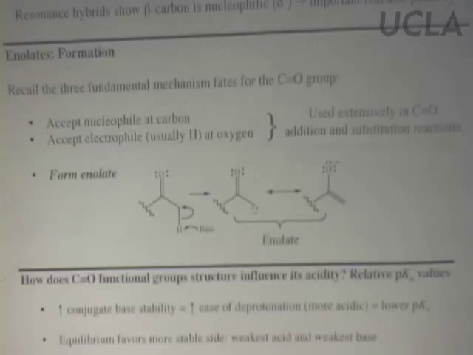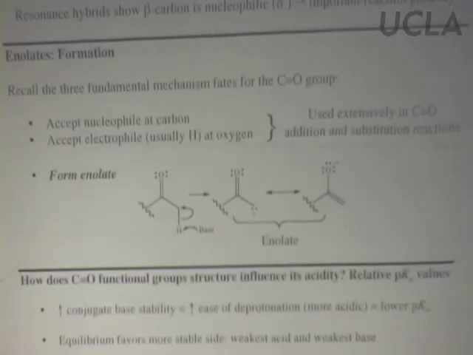We also need to address what kind of base we use to take that proton away, because as we're going to discover, there's an issue of basicity here. And we're also going to talk a little bit about the position of the equilibrium, i.e. how much enolate is formed. That also turns out to be important because it will help us understand why some enolate reactions go one way, but other enolate reactions do something different.